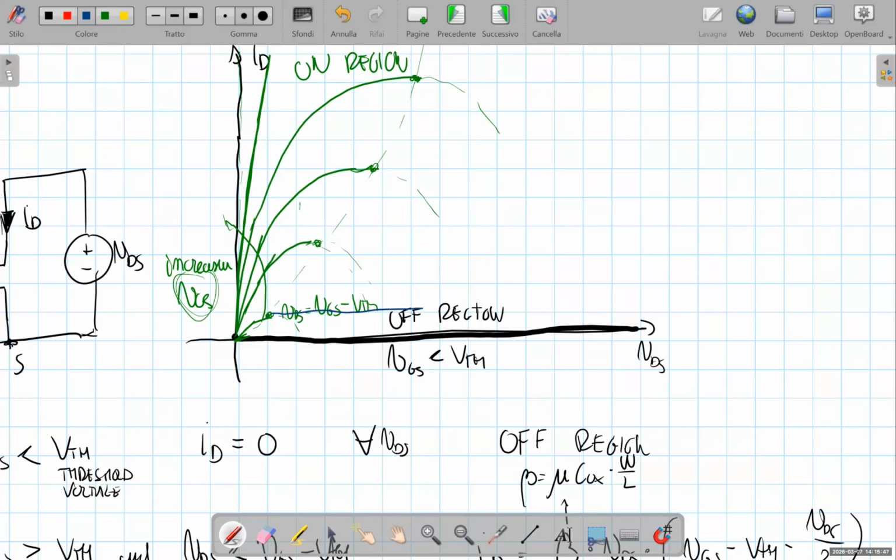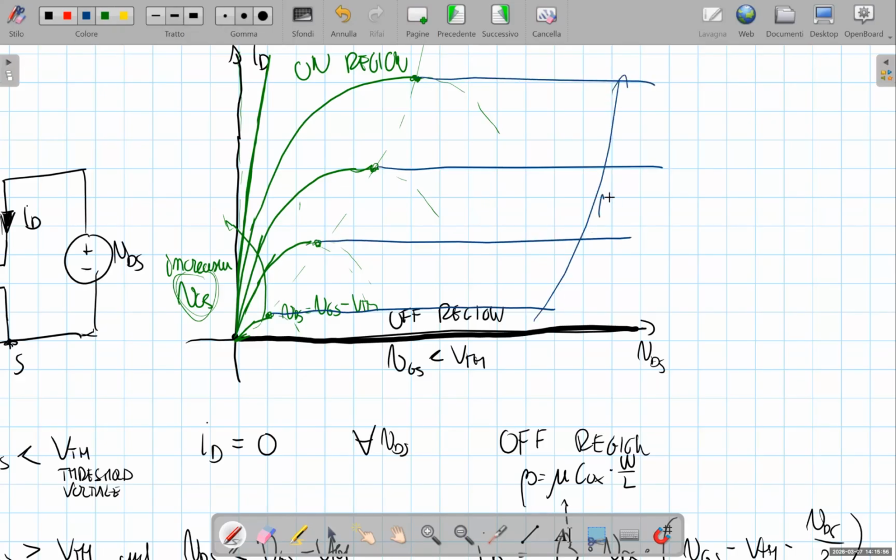So it remains more or less constant. It saturates to a constant value that in any case is related to VGS and increases for increasing VGS. This operating region in which the current does not increase anymore with VDS is called the saturation region. Okay?